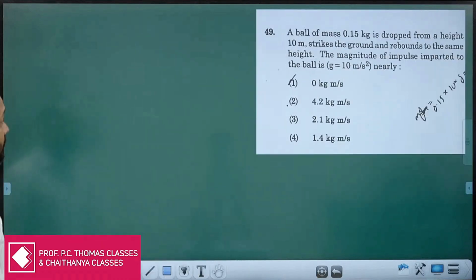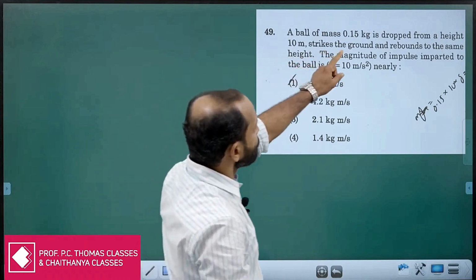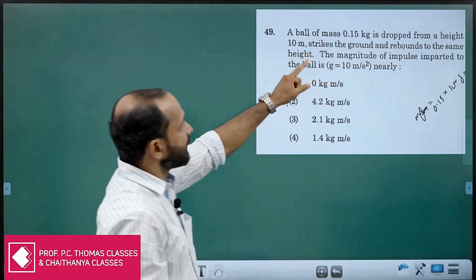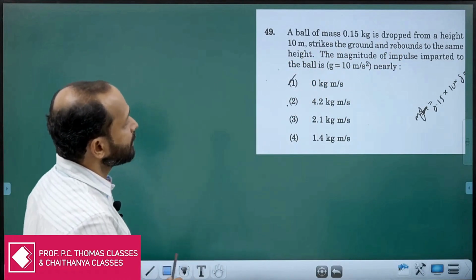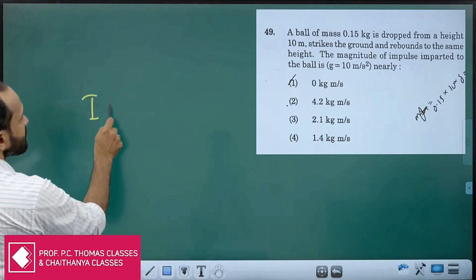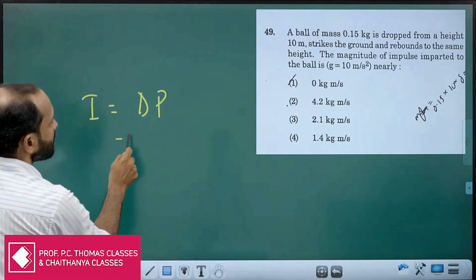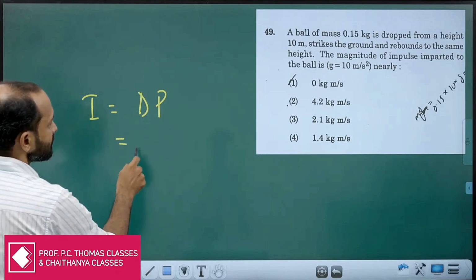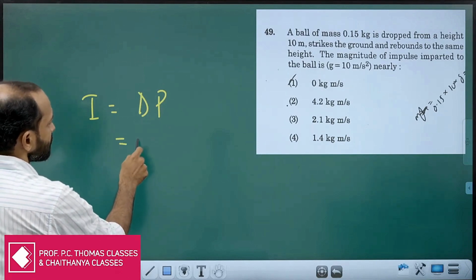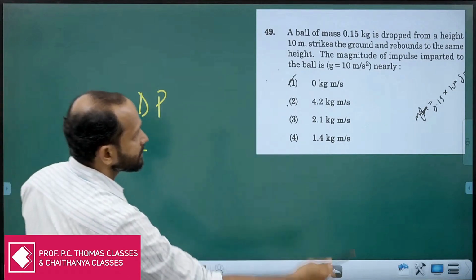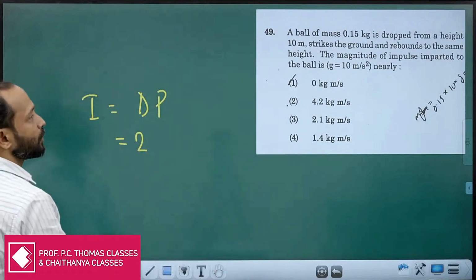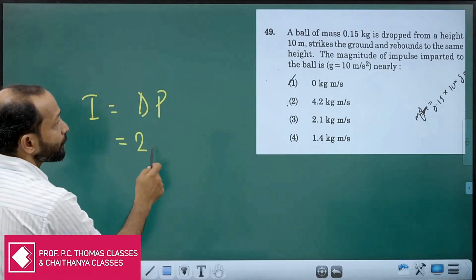49. A ball of mass 0.15 kilogram is dropped from a height of 10 meters, strikes the ground and rebounds to the same height. Magnitude of impulse: impulse is equal to change in momentum, by the impulse momentum theorem. The change in momentum will be 2 times, because it is bouncing back with the same velocity. No energy loss during this collision.